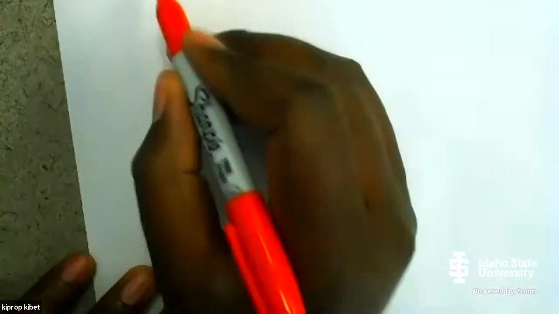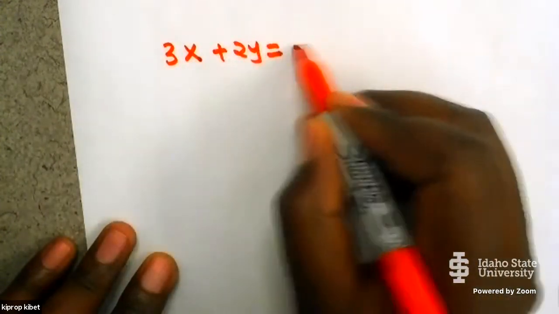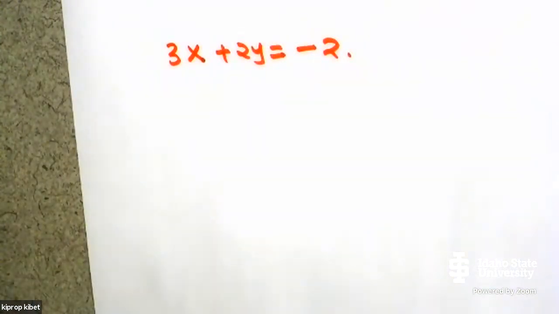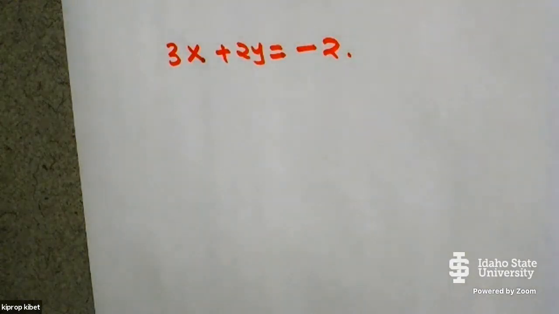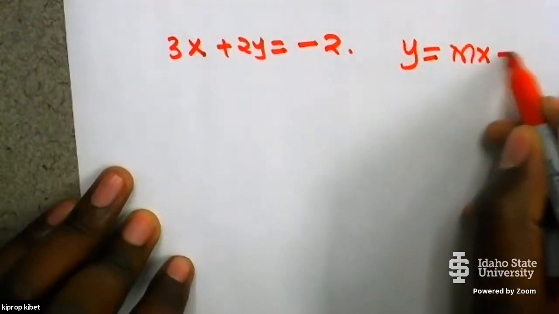All right, so let's see another example. Now if you're given the equation like 3x plus 2y equals -2, the first step is you write it in this form, y equals mx plus c.